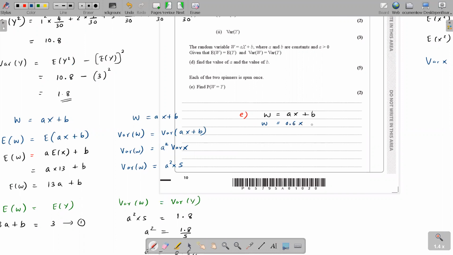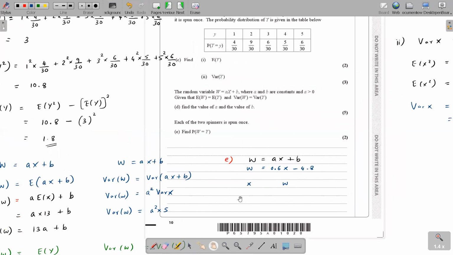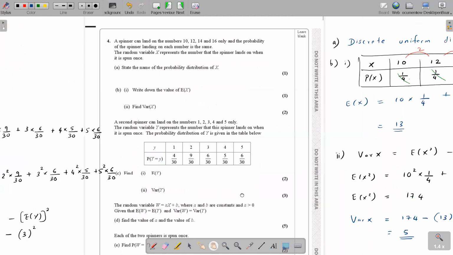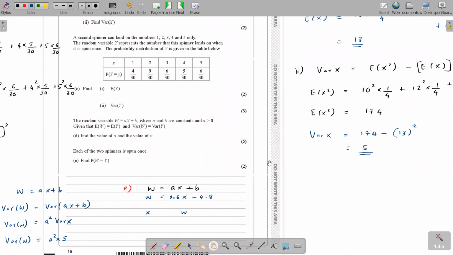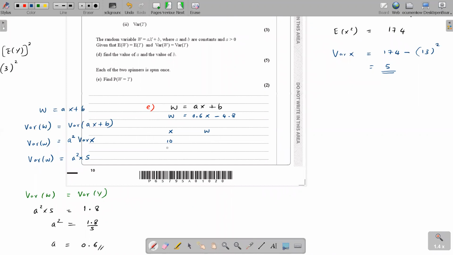B value is negative 4.8, right? So get the X table, get the Y table and get the W table. The X values are given, right? What are the X values we have? 10, 12, 14, 16. So for 10, 12, 14, 16, can you calculate the W values?